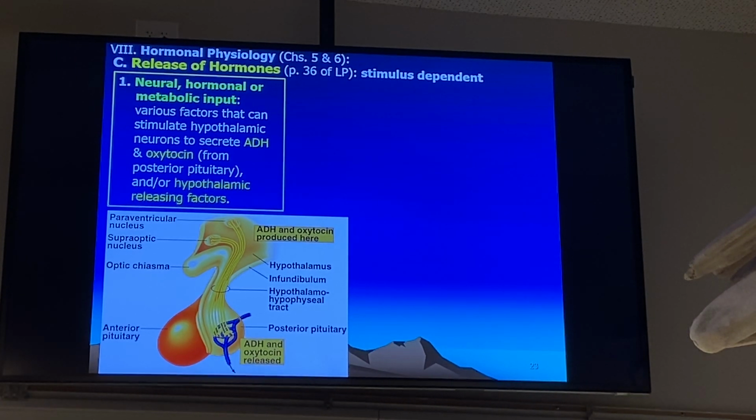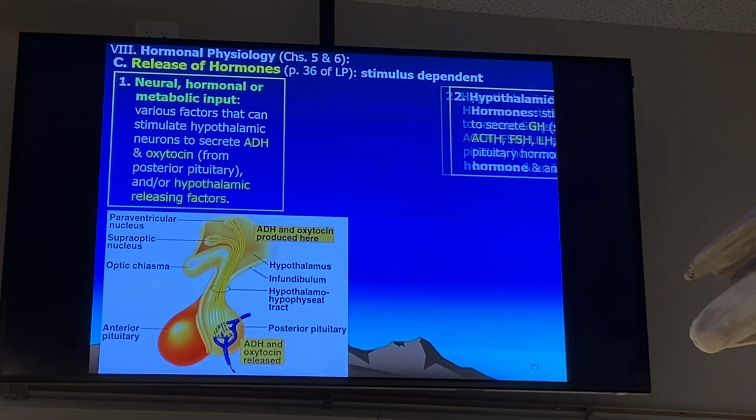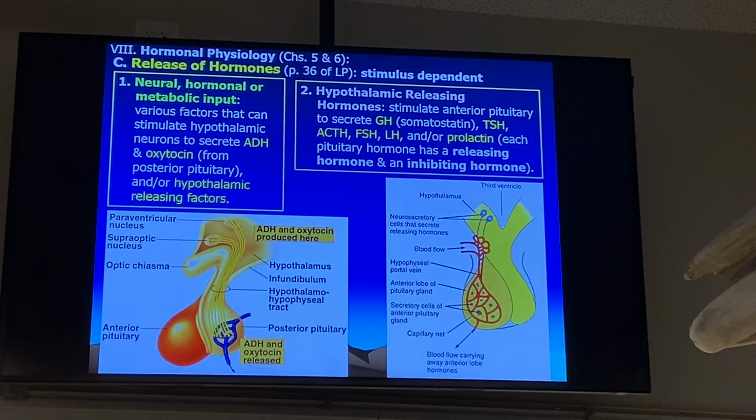Neural input, action potentials. Anterior pituitary. Releasing factors. Portal vein. Both 1 and 2 were covered when we covered the brain. I think I used the same pictures.